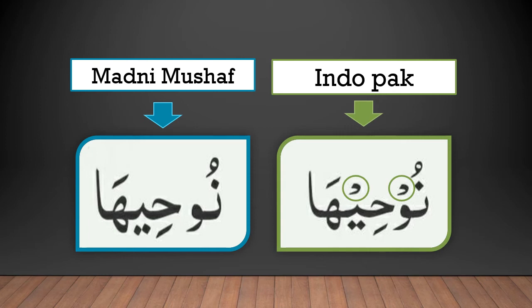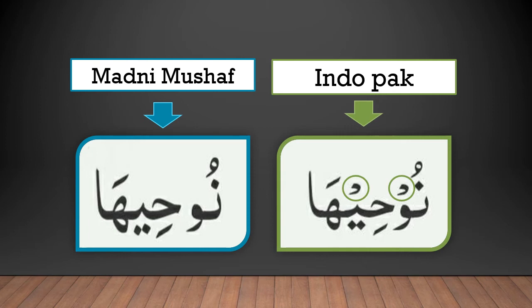So we'll prolong the sound of noon for 2 counts. Nu. Then we see a ya sukoon, which is preceded by a matching haraka. So we'll prolong ha for 2 counts. He. And then we see an empty alif, preceded by a matching haraka, which is fatha. So we prolong the ha 2 counts.